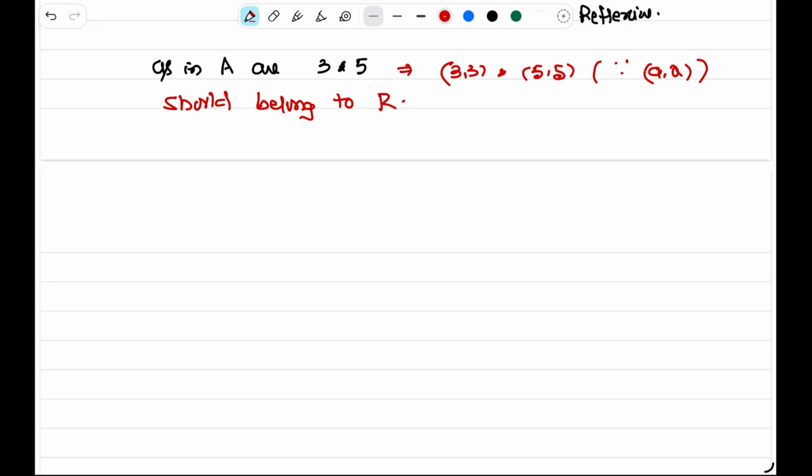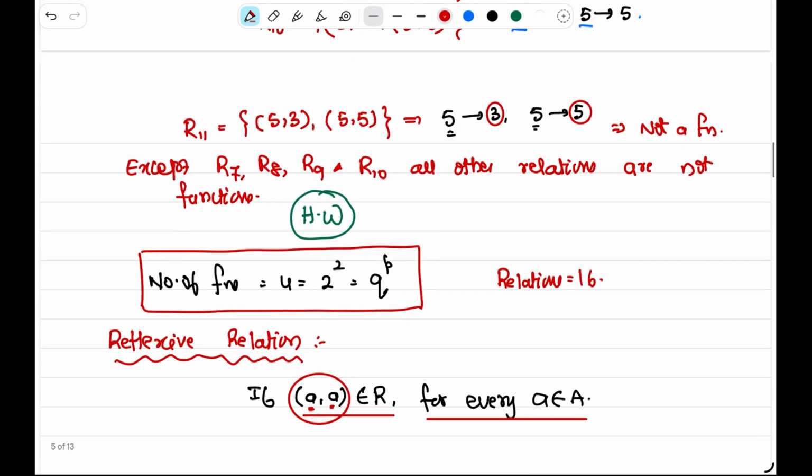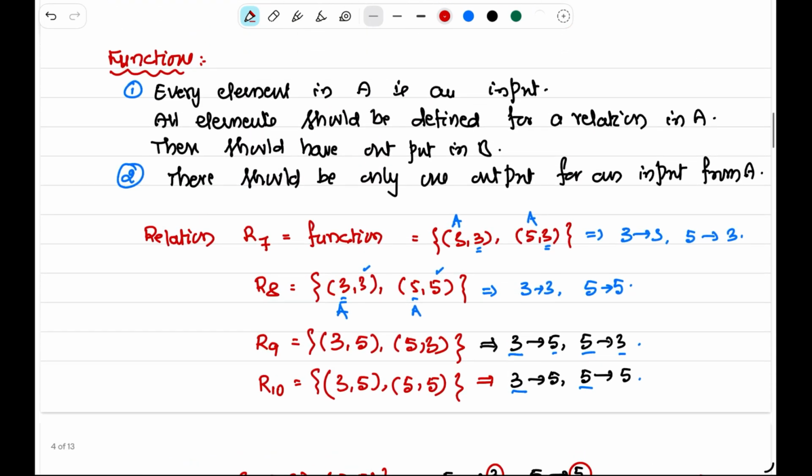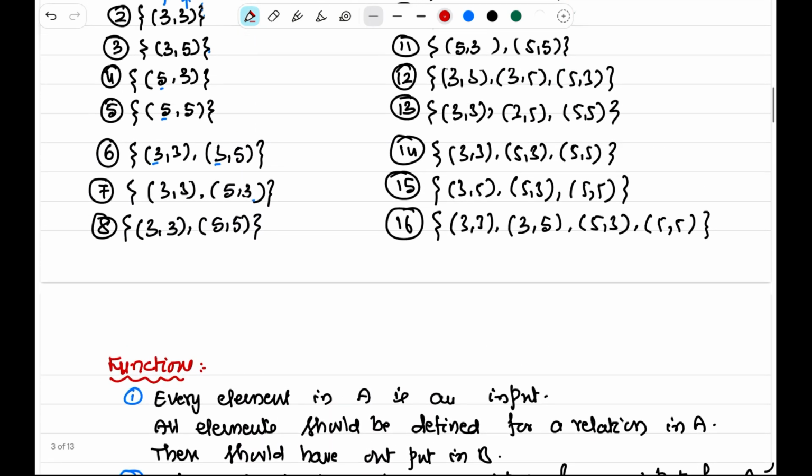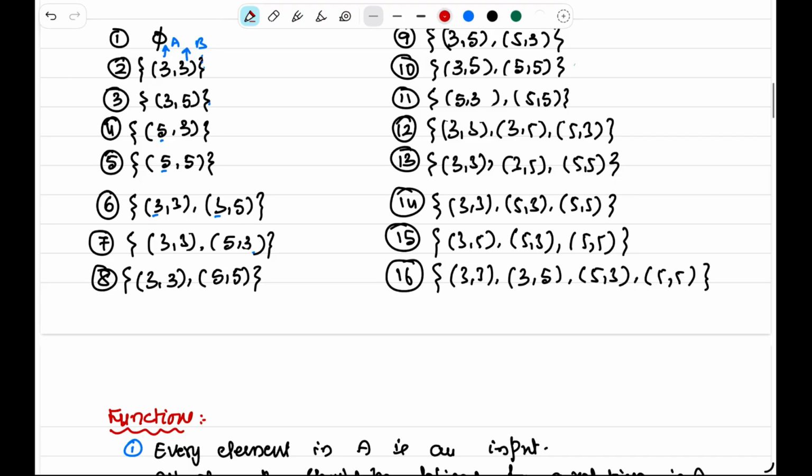relation R. Now, you see how many subsets are there such that the subset contains (3, 3) and also (5, 5). Not only (5, 5) or (3, 3) individually. Both should be present because we are talking about every a here.